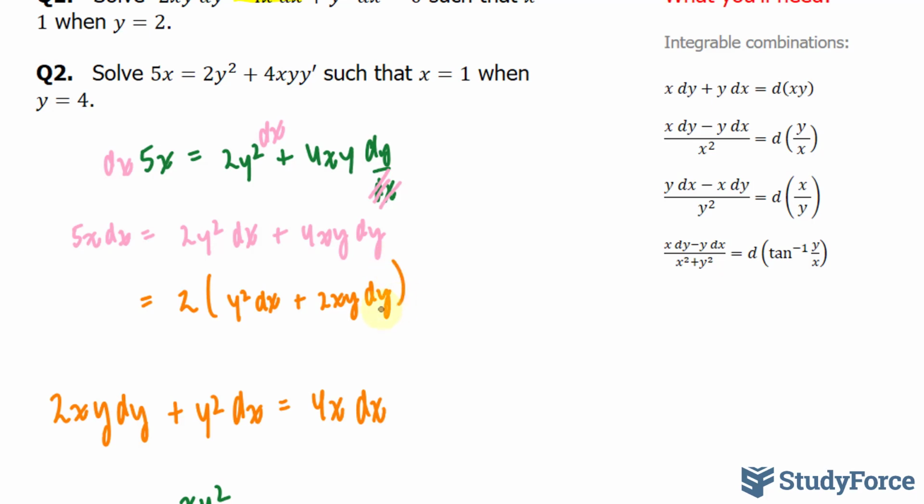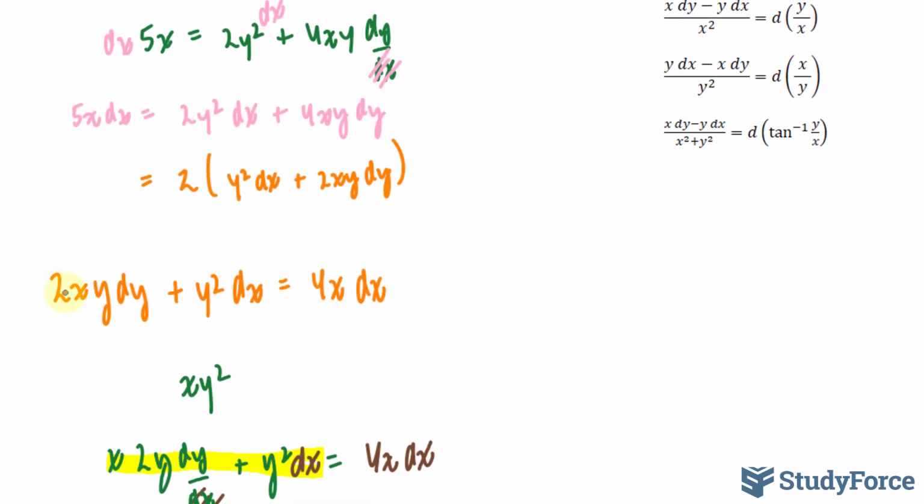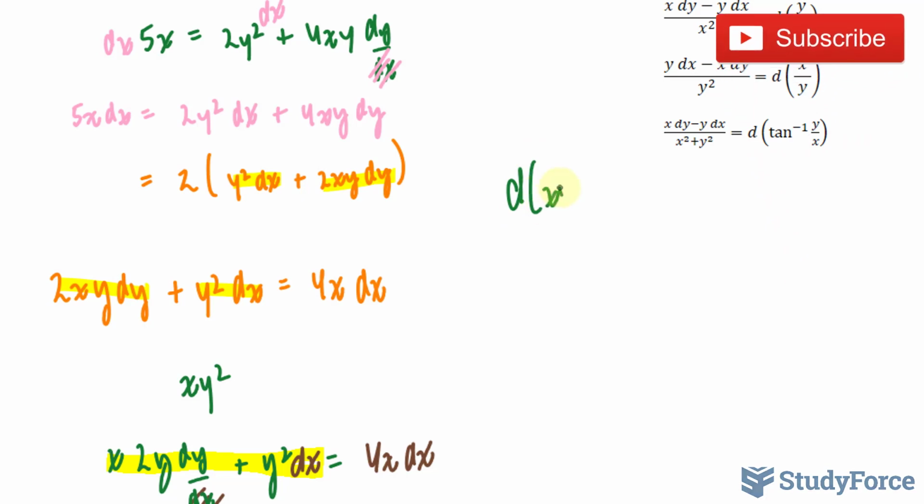I want you to take a good look at what I just found. Remember in question 1 when we had 2xy dy plus y squared dx? Well, that's the exact same thing we have here. We have y squared dx and we have 2xy dy. And we found that taking the derivative of xy squared will give us this expression.